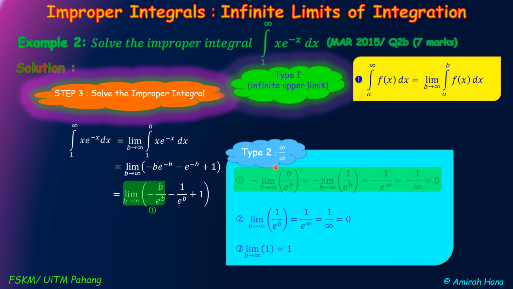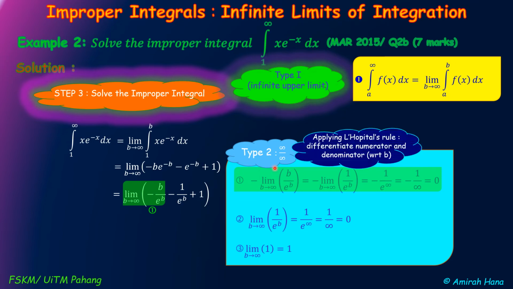Do you remember what we should do if we have a type 2 indeterminate form? We need to use L'Hopital's Rule. Here we need to apply L'Hopital's Rule, which means that we differentiate the numerator and denominator. But now our variable is b, so we differentiate with respect to b.